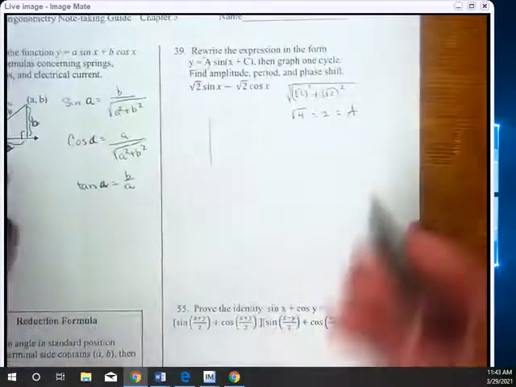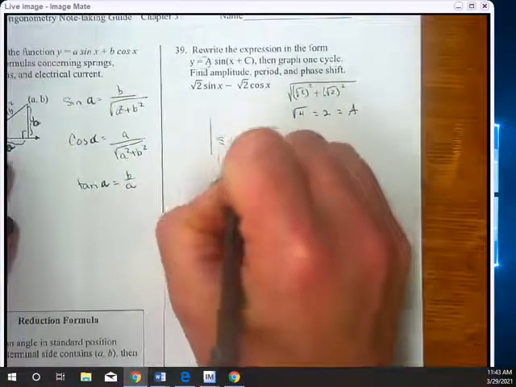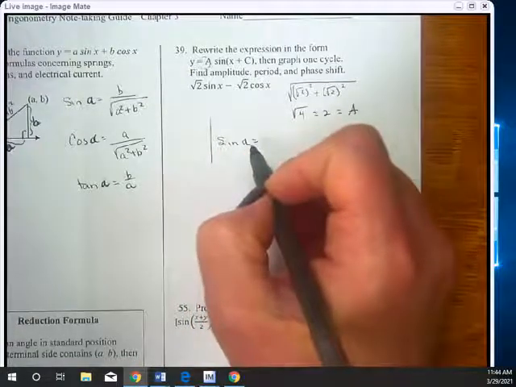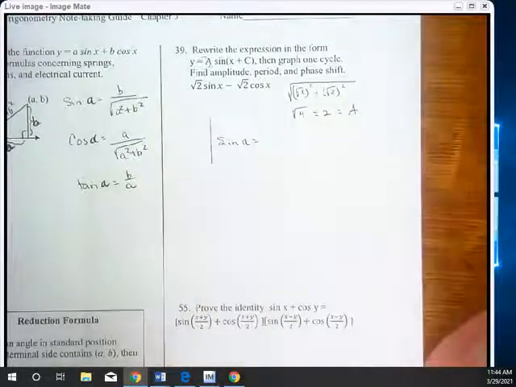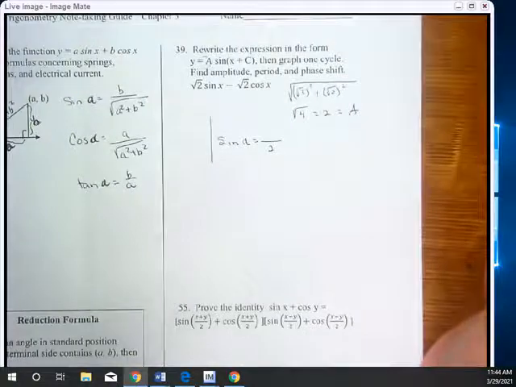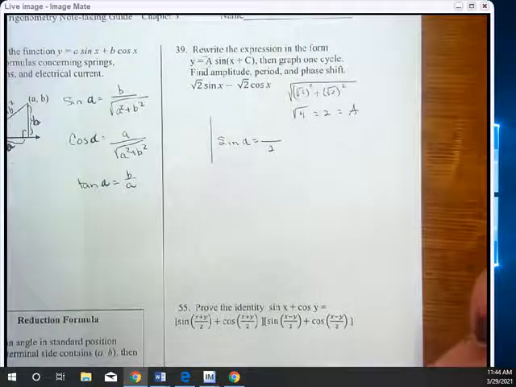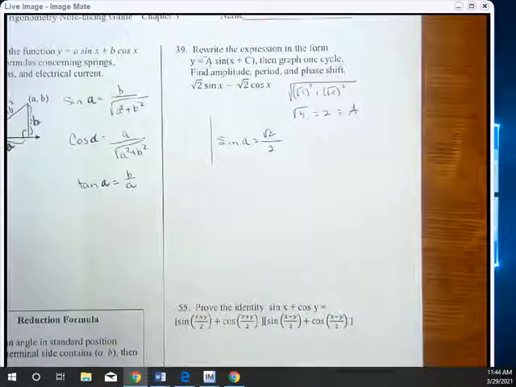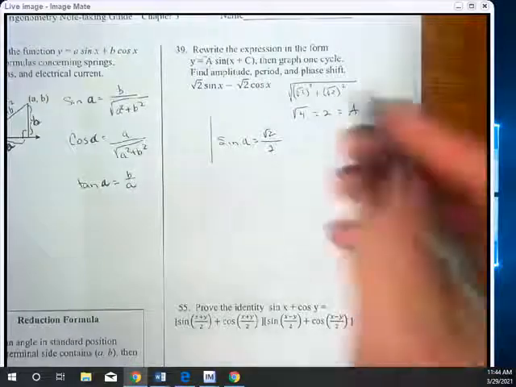Or are you okay? The sine of your angle alpha is going to be the B value. Which one of these is the B value? Square root of 2. Wait. Are you sure? It's the negative one.